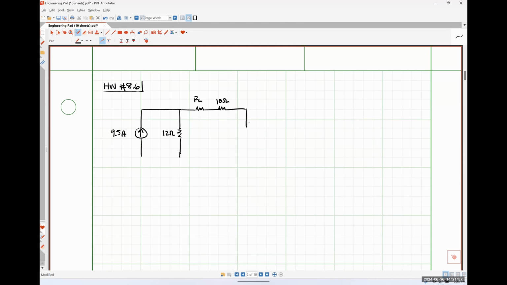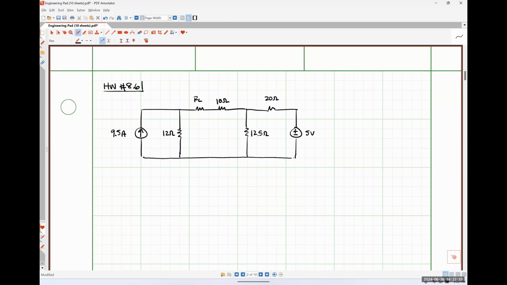R3 is 12.5 ohms. R4 is 20 ohms. Penmanship got worse than normal. My apologies. And then we have a voltage V1, negative polarity on top, but your particular value for V1 is negative, so I'm going to get rid of that negative sign by flipping the polarity. So this is going to look like positive 5 volts, positive polarity on top.